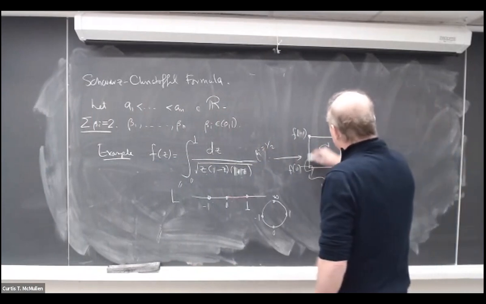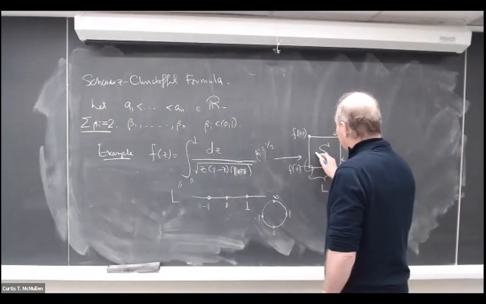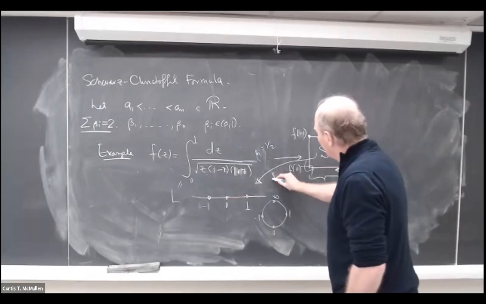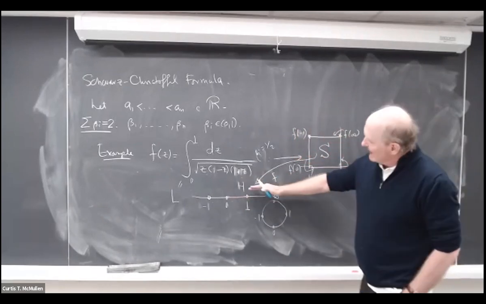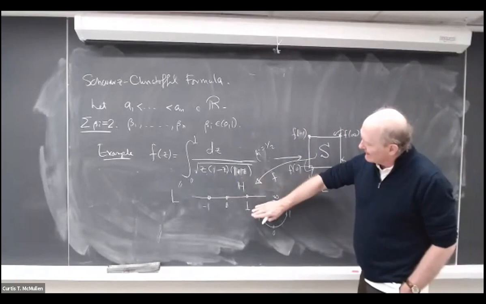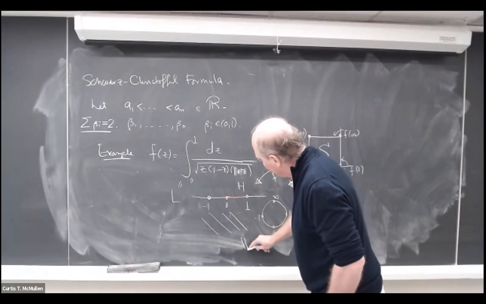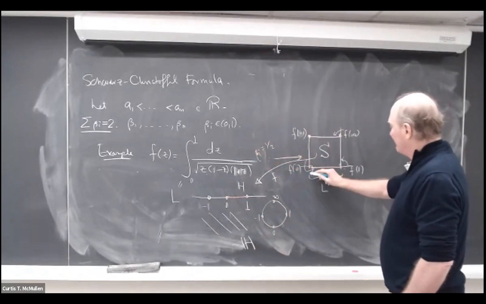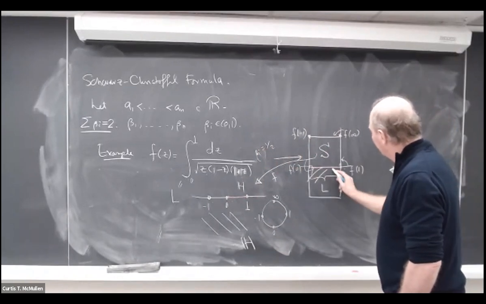Namely, if we take this map and we look at its inverse, we get something very interesting. We get a map from the unit square bijectively to the upper half plane. And we can take the upper half plane and reflect it through the real axis to the lower half plane, minus h. And we can also take the square and focus on any one of its sides and reflect it through one of its sides.